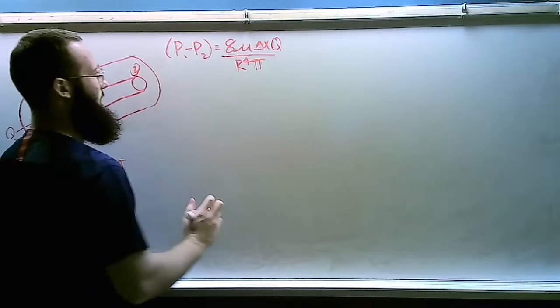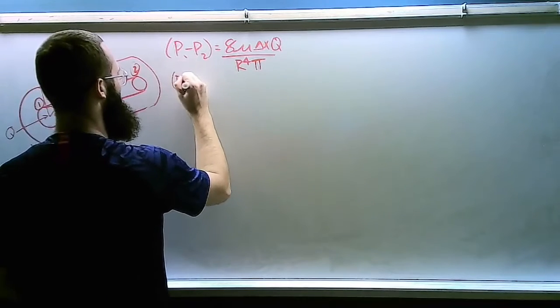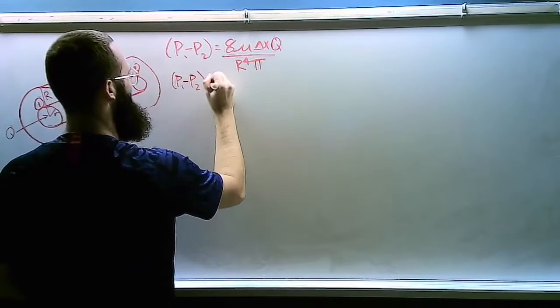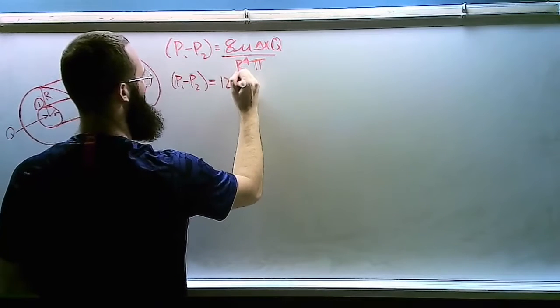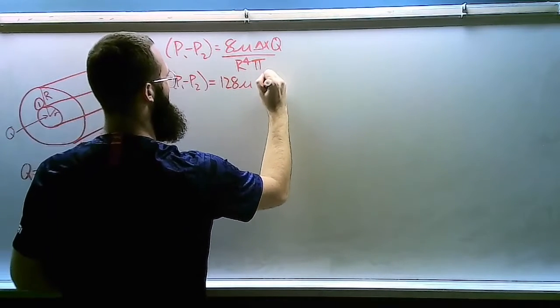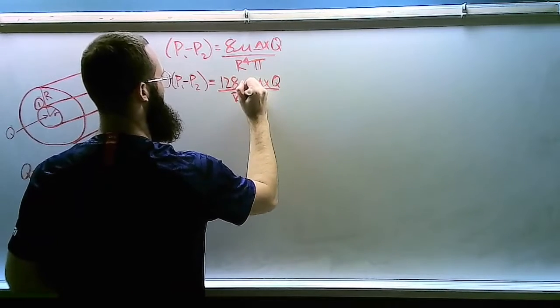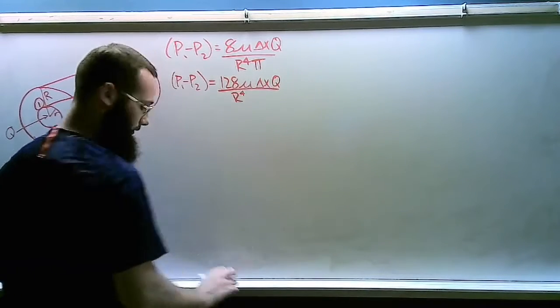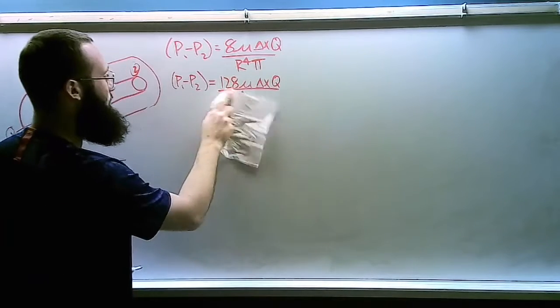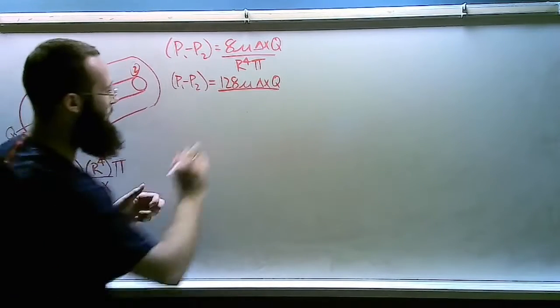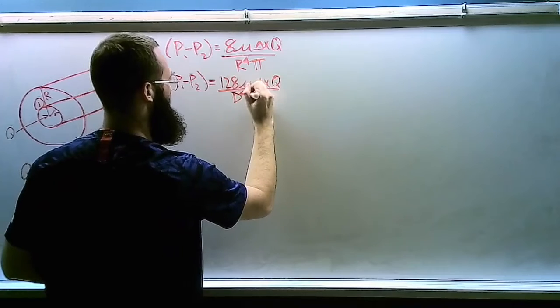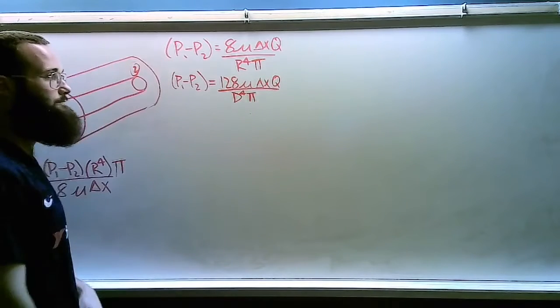So the radius equals 1/2 diameter, so that gives us P1 minus P2 is equal to 128 mu delta x Q all over d to the 4th times pi.